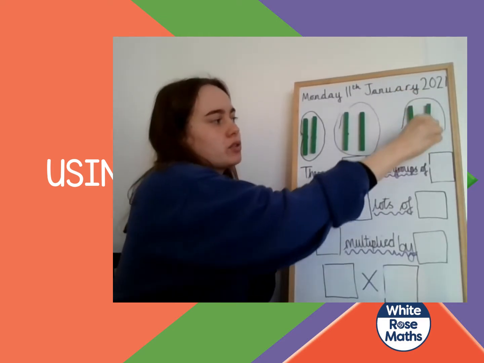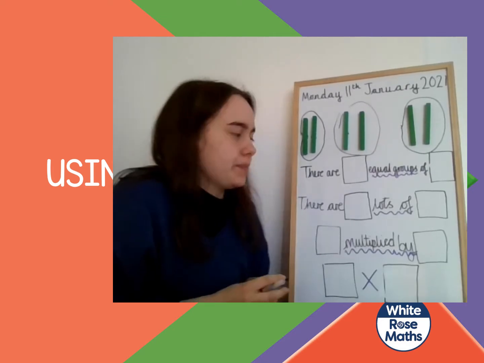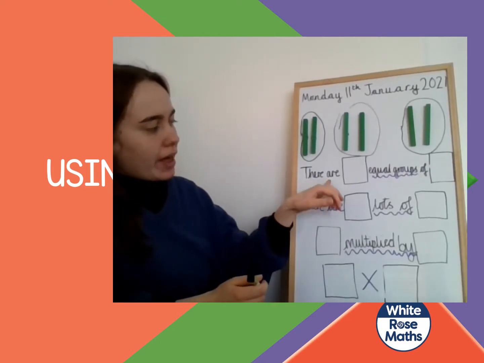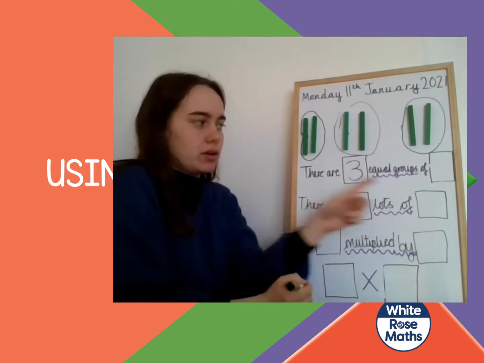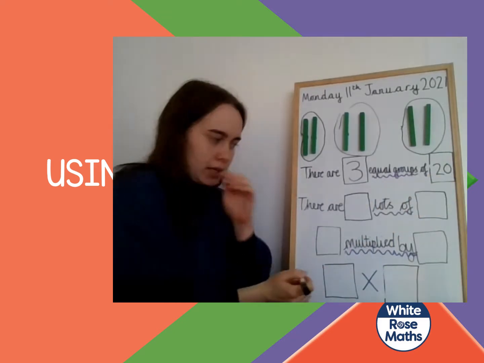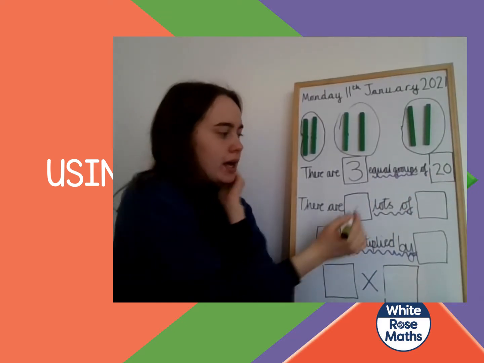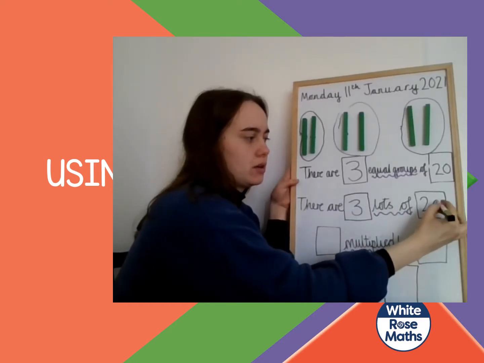And in my third group, again, I also have 20. So there are 3 equal groups of 20. That's the same as saying there are 3 lots of 20.